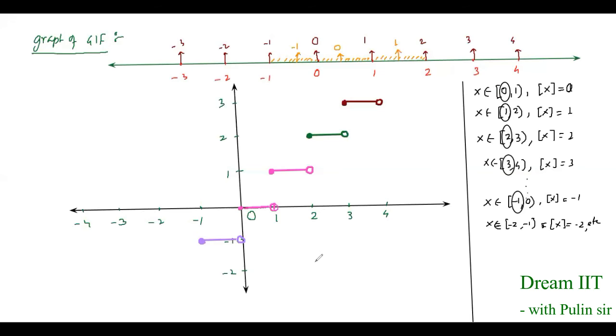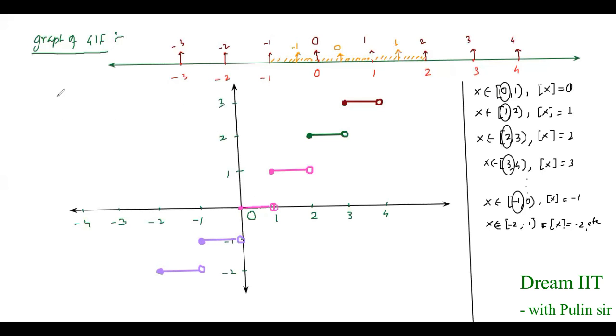So likewise, if you complete the graph, you will find a very nice structure, a really beautiful function. So here it is open and here it is closed. Now look at the structure of the whole thing and you will find that this is a fine staircase going up, right?